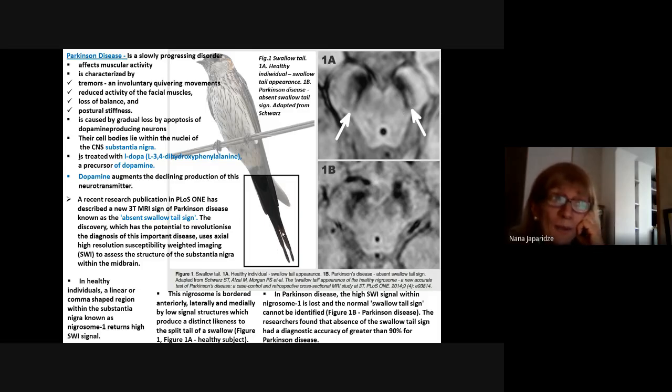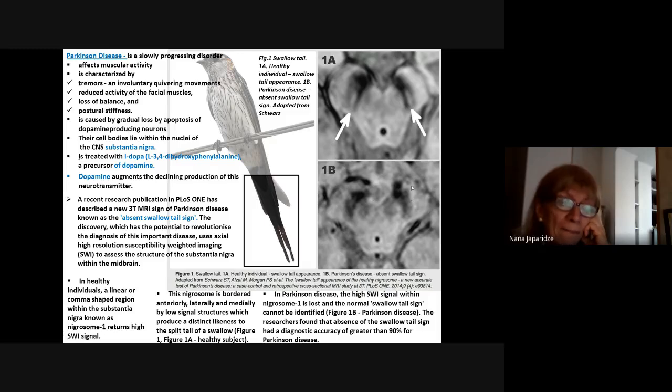That is why the swallow is presented here. And look, one part, another part, one part, another part. So this is a healthy individual. In the case of Parkinson disease, this swallowtail sign is absent.